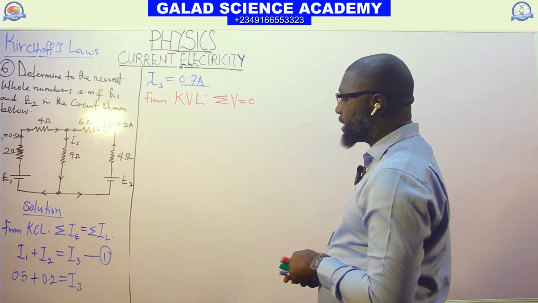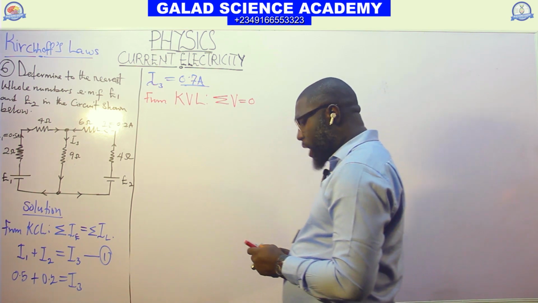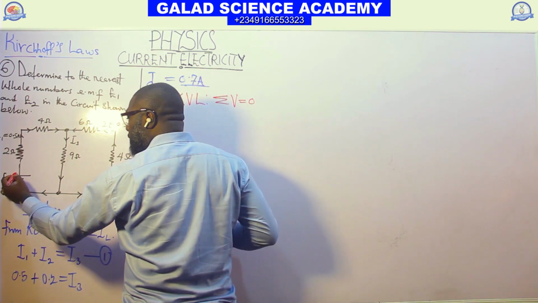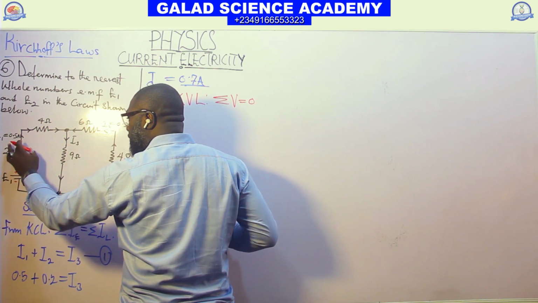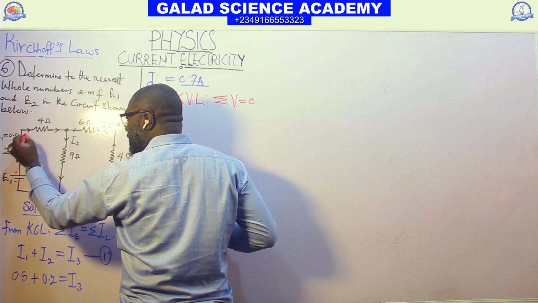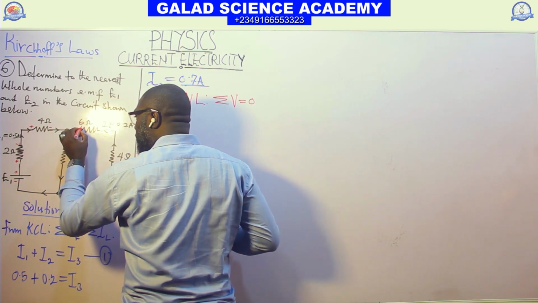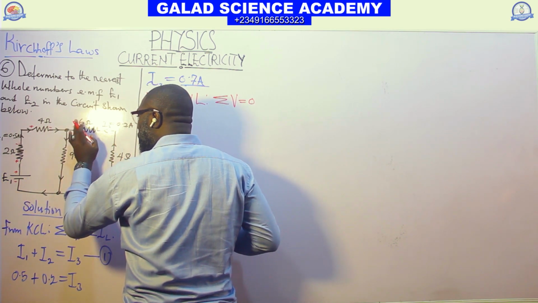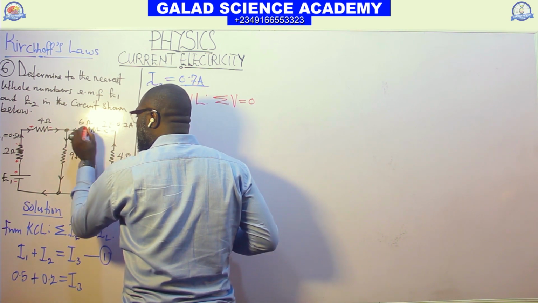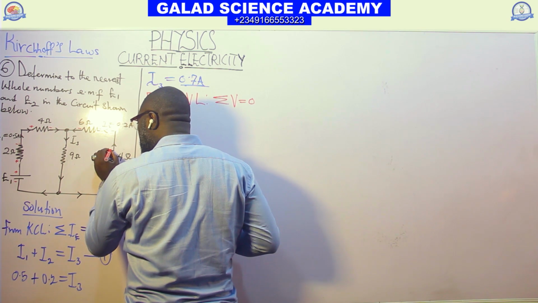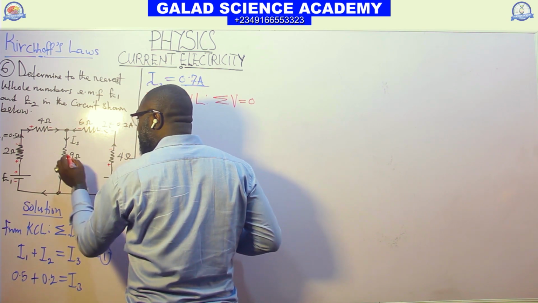This is the positive end of the battery. For the polarity of the resistor, current is coming like this, positive, negative. Current is going like this, positive, negative.